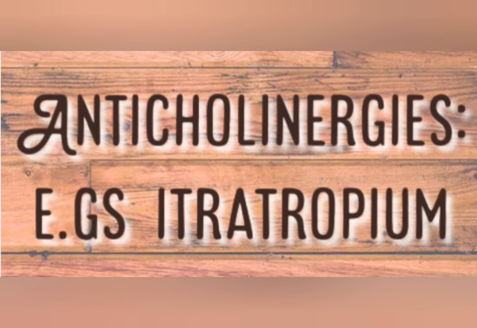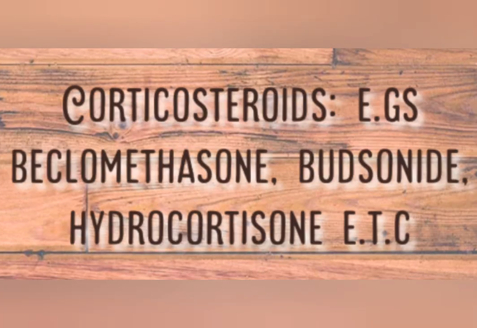Now, the preventer or controller medications. One, we have the anti-inflammatory agents, which are the inhaled corticosteroids. These corticosteroids suppress the chronic airway inflammation associated with asthma. Inhaled corticosteroids are the initial drugs of choice.